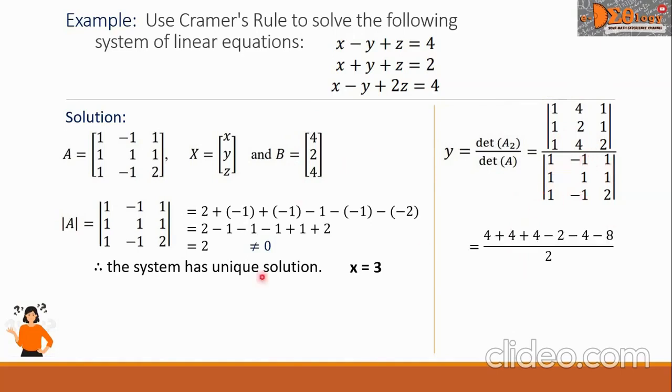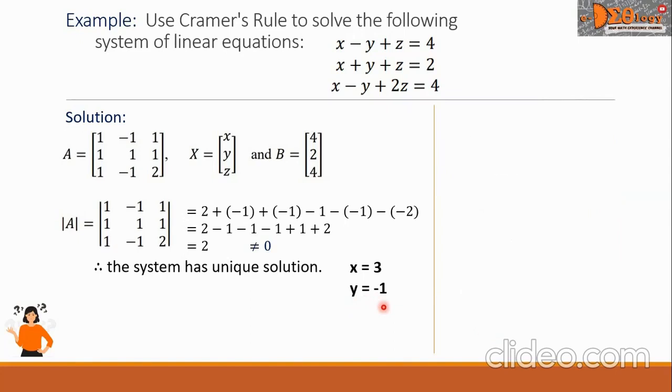In the denominator, we solved this already, so we can just copy the answer here. In the numerator, it becomes like this. 4 plus 4 plus 4 minus 2 minus 4 minus 8. Simplifying the numerator, we will have -2 divided by 2. And the answer is -1. This is the value of y. Let us write here y equals -1.